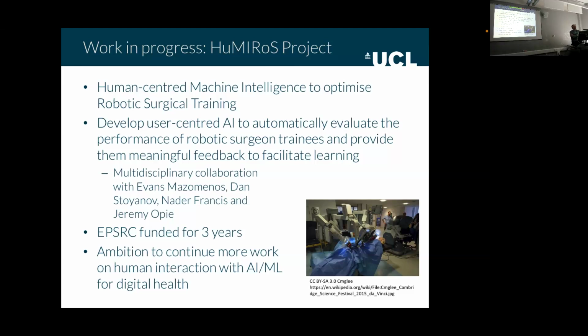But one bottleneck is that we cannot train surgeons fast enough to operate through this robot. So Evans, the PI, has been developing AI models to automatically give feedback to people who are learning to use these robots. And we are going to look into how we present this feedback and try to quantify the effect of this.